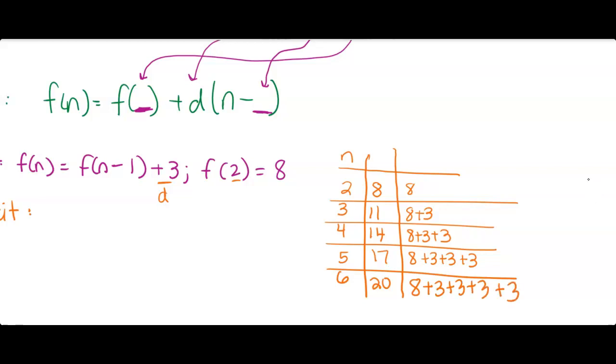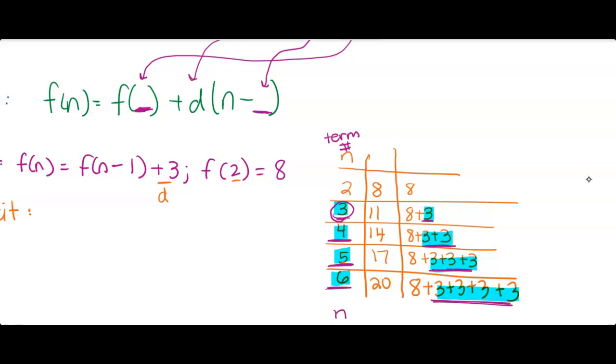If you notice, it's the same as yesterday, adding 3's, but now instead of being 1 less than my term number, like they were yesterday, I have 2 less than my term number. This is term number 3, because remember n is my term number, and I have one 3. At term number 4, I have two 3's. Term number 5, I have three 3's. Term number 6, I have four 3's.